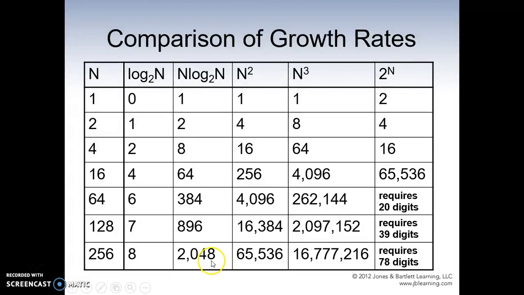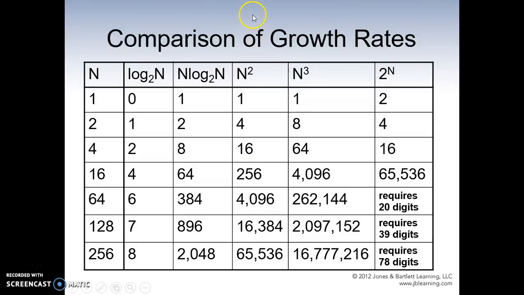Now let's look at the growth rates. If n is 1, log n is about 0. For 256, log n is about 8. If you can write your program with log n, which is binary search, then it's only 8 steps to find the result for 256 records. But if it happens to be linear, which is n, that's 256. If it happens to be n log n time, then it's 2048.